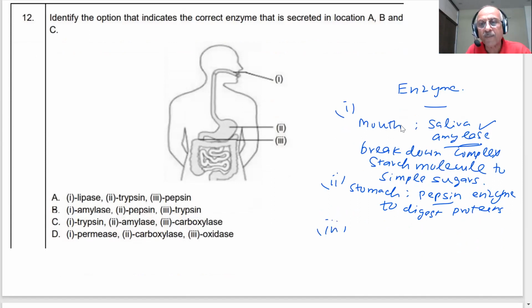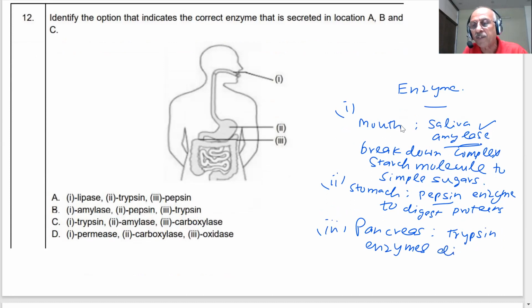The third one is your pancreas. What is happening in the pancreas, student? They secrete pancreatic juice, which contains trypsin enzymes, students. And what is their role? For digesting proteins, student. You know this already. So you have amylase, you have pepsin and trypsin.